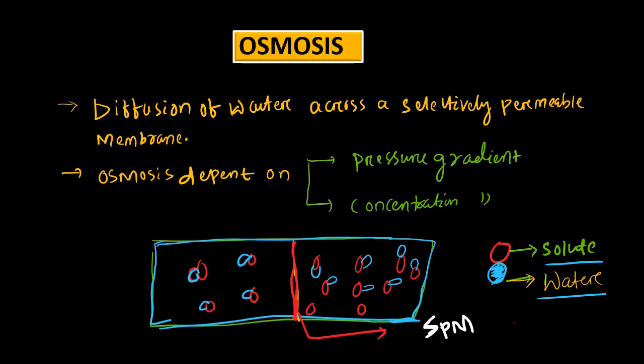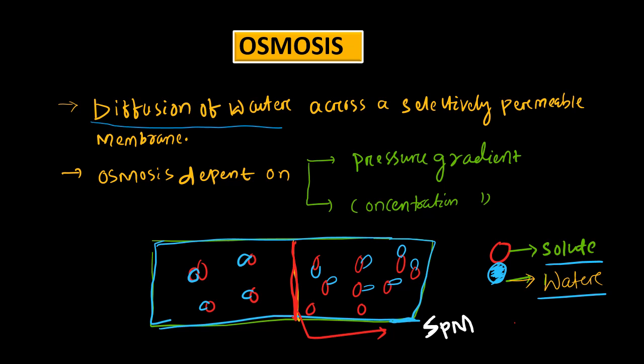Osmosis. So what is osmosis? Osmosis is a process like diffusion of water. In diffusion we see transport of molecules like gas, solid, liquid.